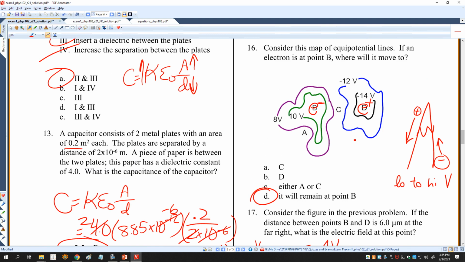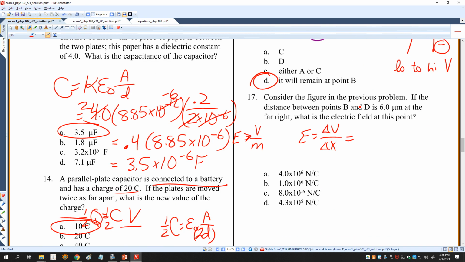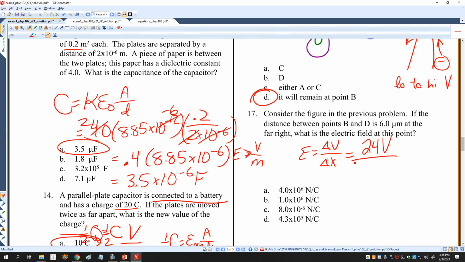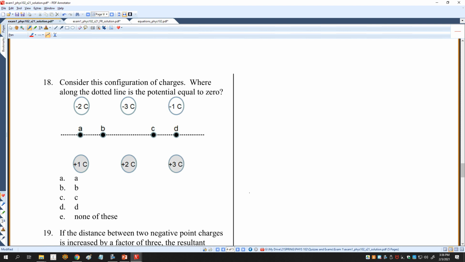That's going to be delta V. Between B and D, that's going to be a 24 volt potential difference, right, because I'm moving from 10 to -14. That's 24 volts divided by delta X, which is 6 times 10 to the -6. That cancels, leaving me 4. So 4 times 10 to the 6 newtons per coulomb.